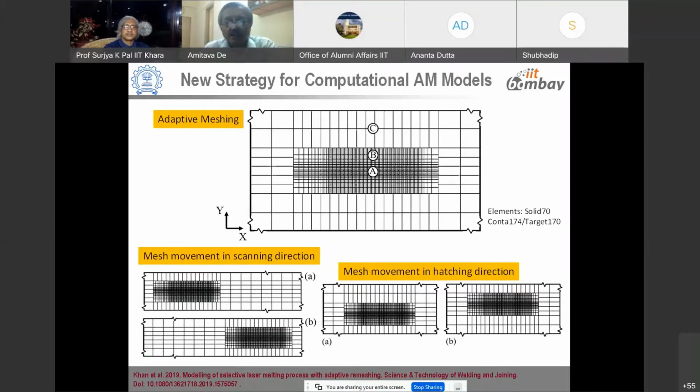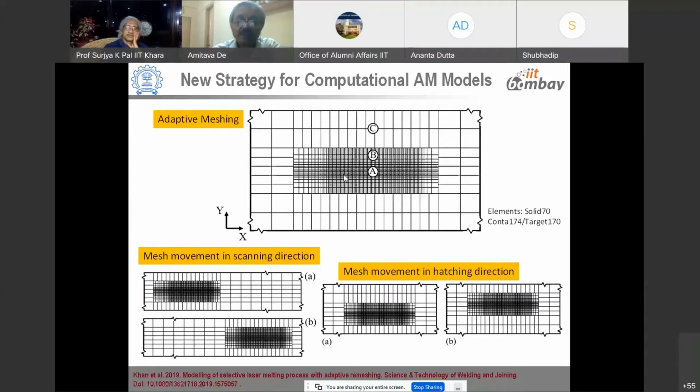This can somewhat be compensated by creating some kind of adaptive meshing, also called dynamic meshing, which means very fine unit cells can be considered moving with the beam, moving with the source, because we need to capture the local variations of the thermal field only under the source and nowhere else, not far away from here.